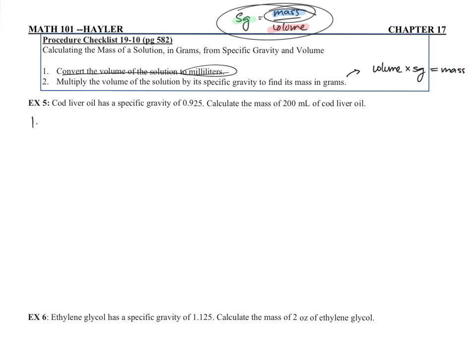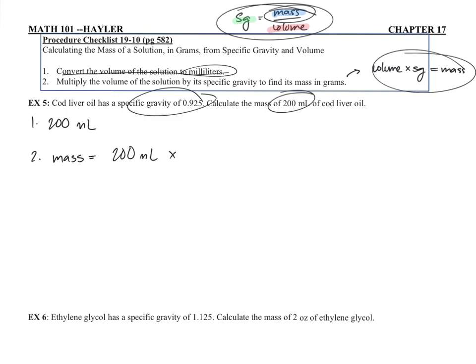So first step, is the volume in milliliters? Well, yeah, it is. We're given 200 milliliters of cod liver oil. So we don't need to convert. It's already given in milliliters. So second step, we're going to find our mass using the formula. Mass equals volume, 200 milliliters, times the specific gravity, which is 0.925.